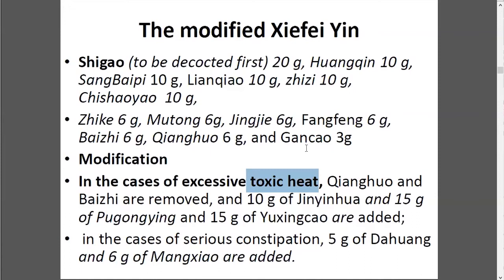So we know 金银花 is always good. 金银花 and 连翘 here are a pair of herbs. They are always working together. Like we have 银翘散, the king herbs are 金银花 and 连翘. And 蒲公英 clears heat toxins and goes upward. And 鱼腥草 also clears heat toxin.